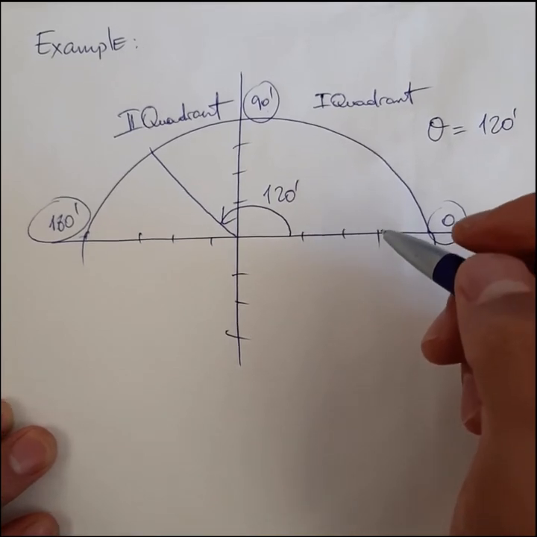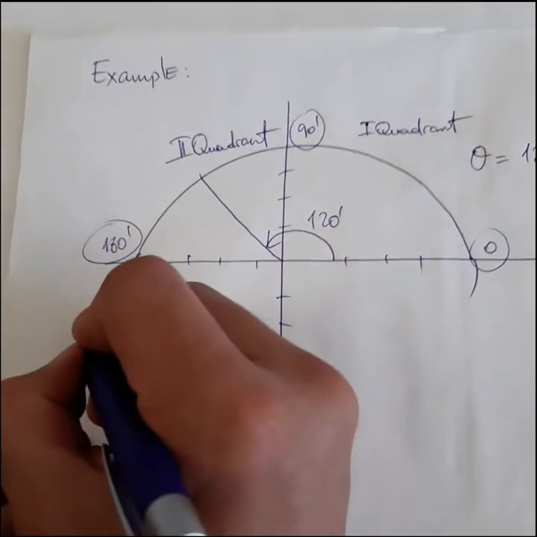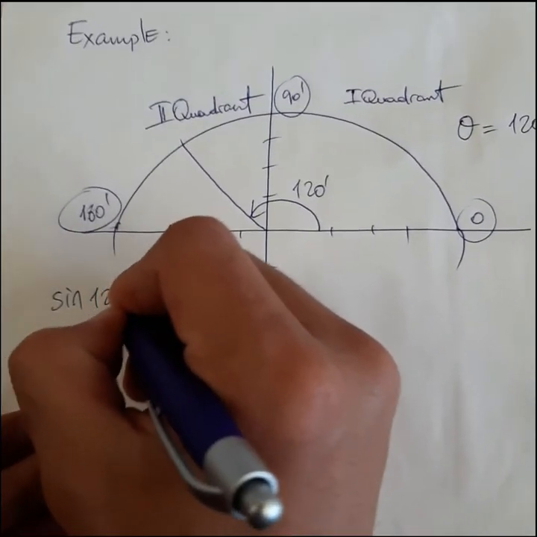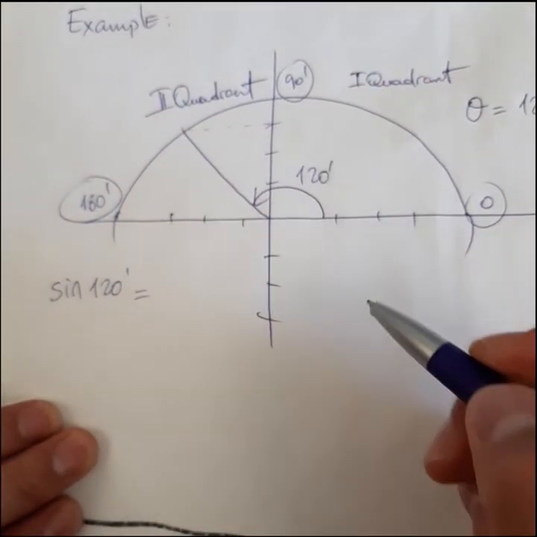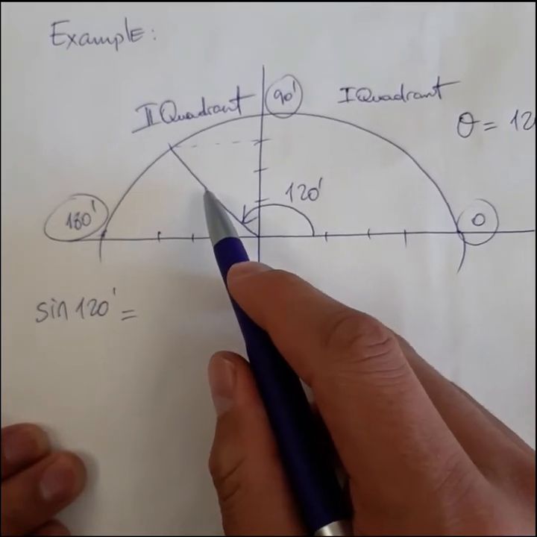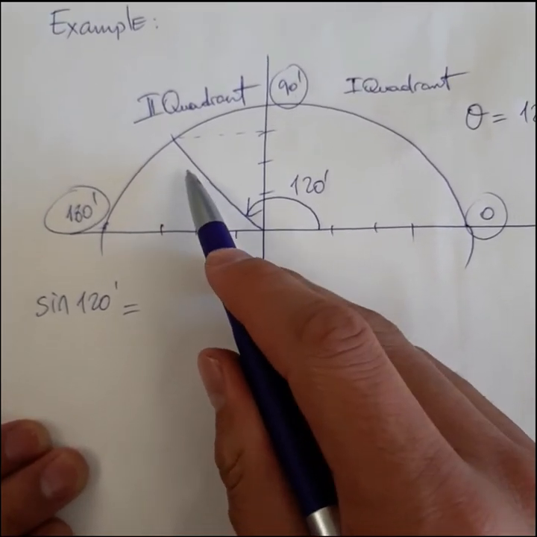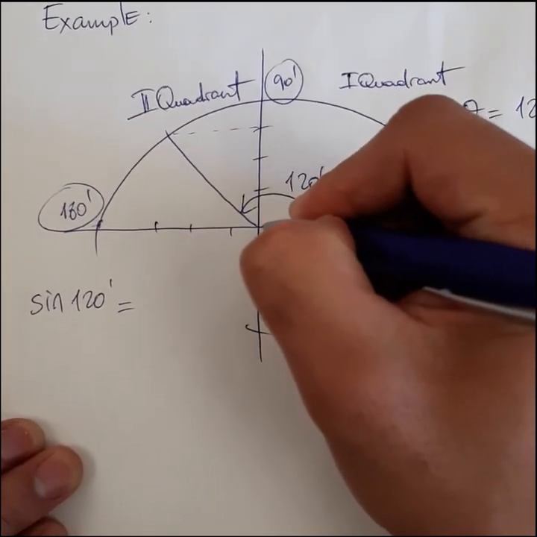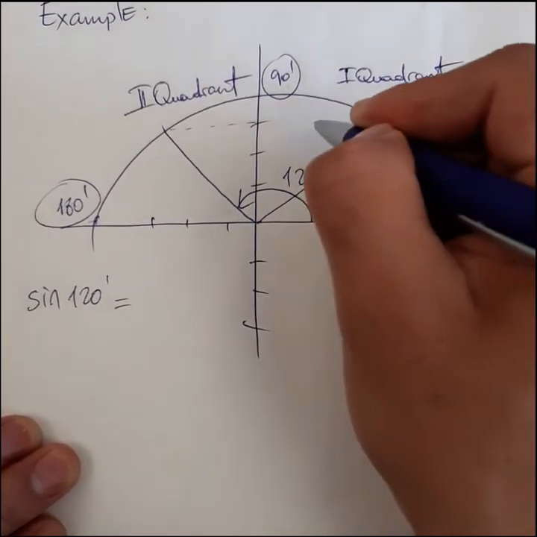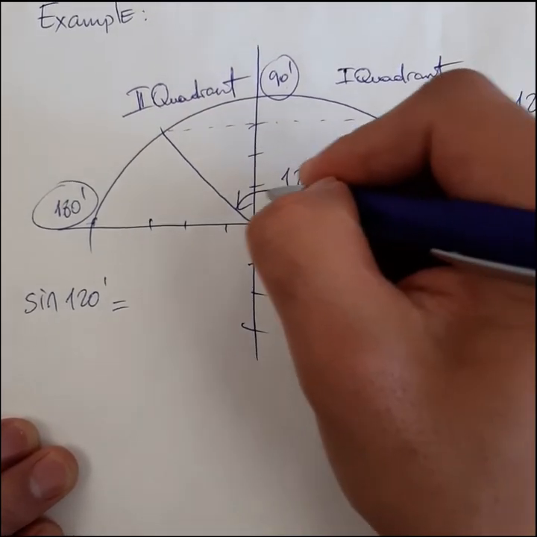We have to find sine of 120 degrees. If the angle is in the second quadrant, we can reflect it like this. Look, they are equal.